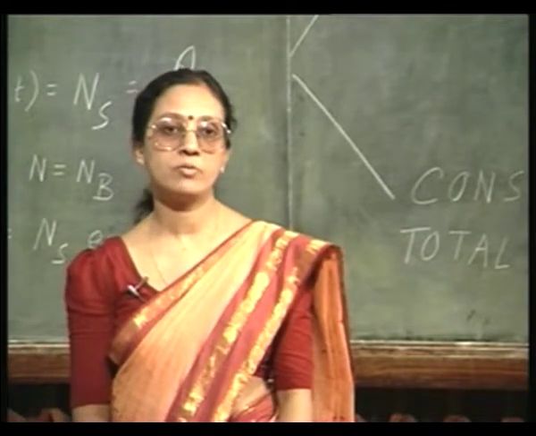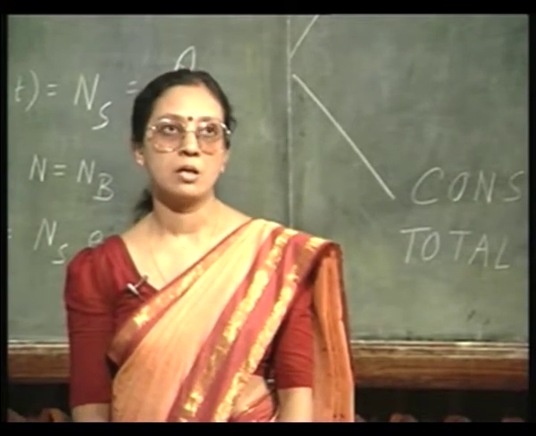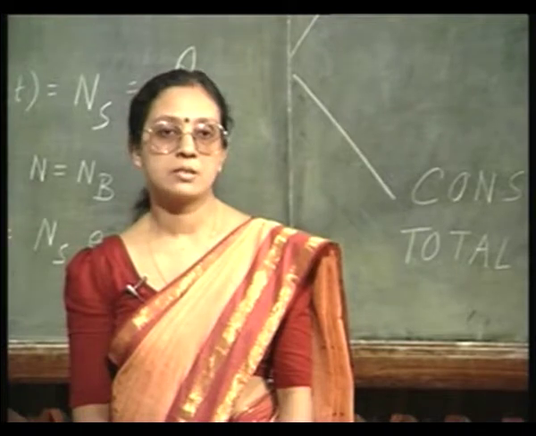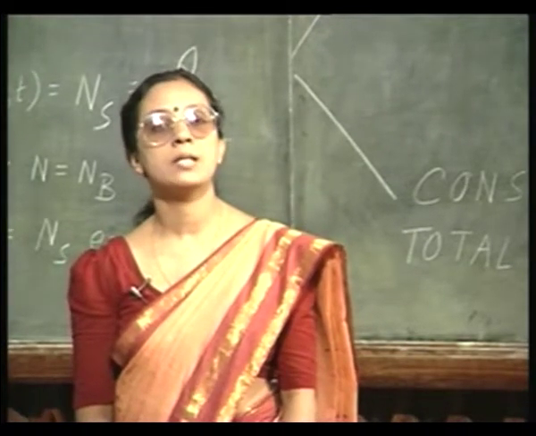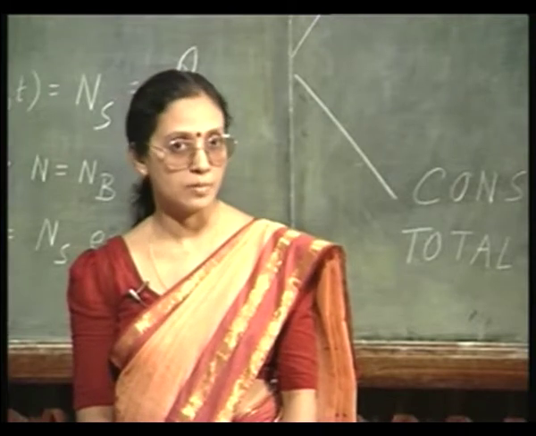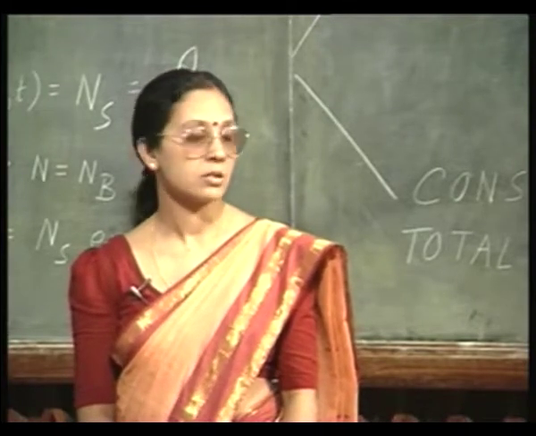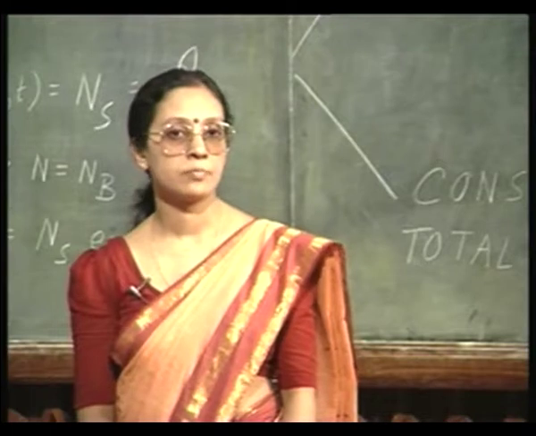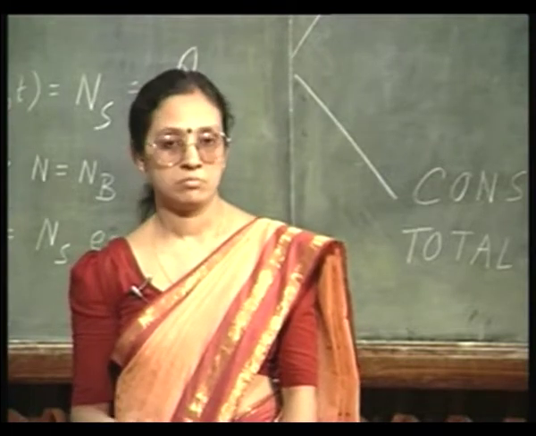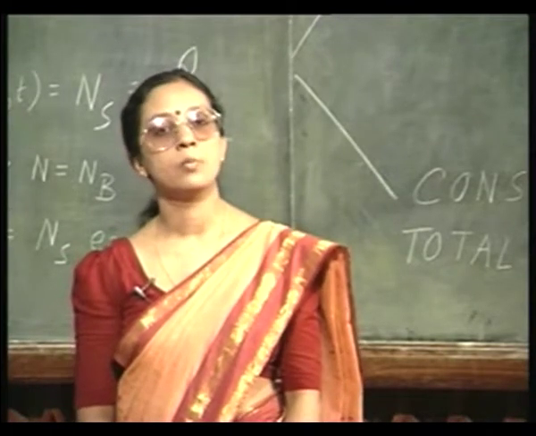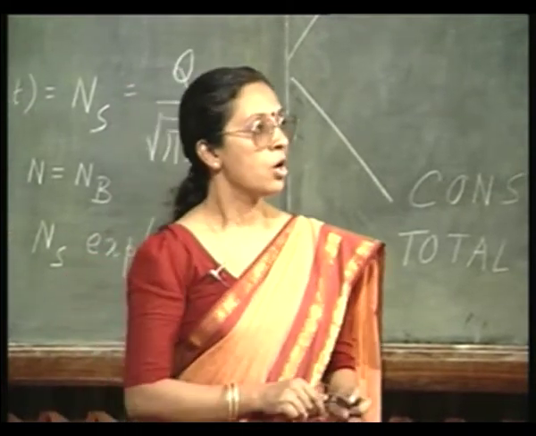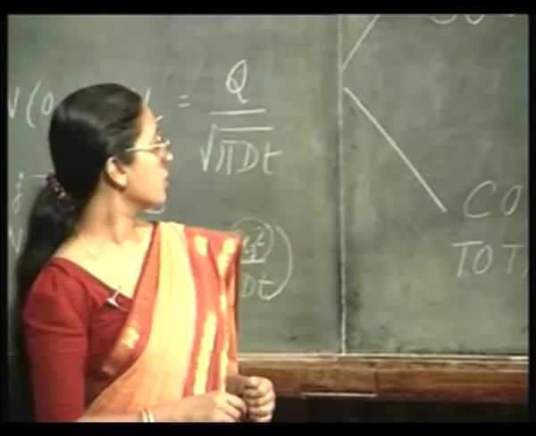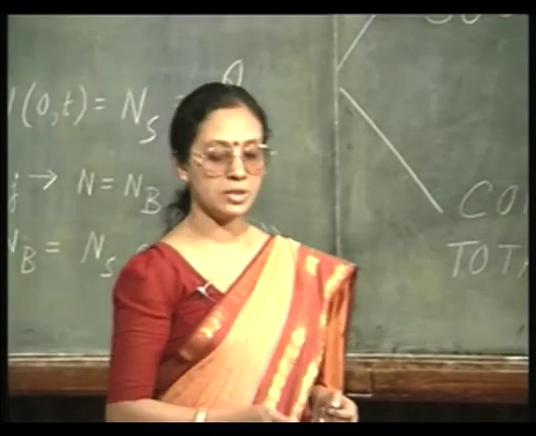So, square root of Dt represents how much the dopant has moved inside the semiconductor material. It affects the junction depth because it is going to dictate how much the dopants have moved inside the semiconductor. So, this is the constant total impurity case.